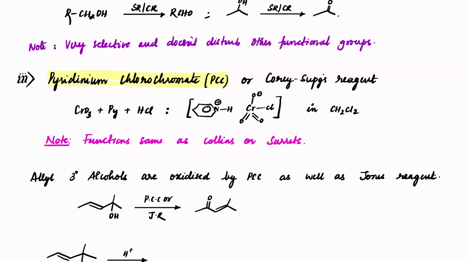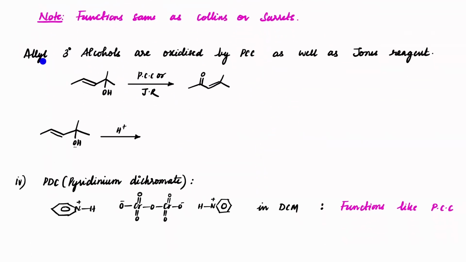So understand this part, that all these reagents are in a way giving the same type of products. Next, if you have allyl 3 degree alcohols, these will get oxidized by PCC as well as Jones reagent. Now, what does this mean?